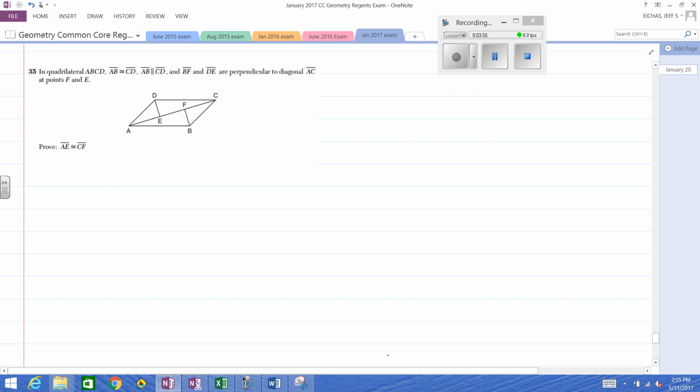This is one of the worst ones I've seen because there are so many little tricks in it. All right, let's start with the fact they called it a quadrilateral. That does not mean it's a parallelogram. However, let's just focus on this information right here. One of the things I try to teach my students is to take apart the diagram and focus on just one piece at a time.